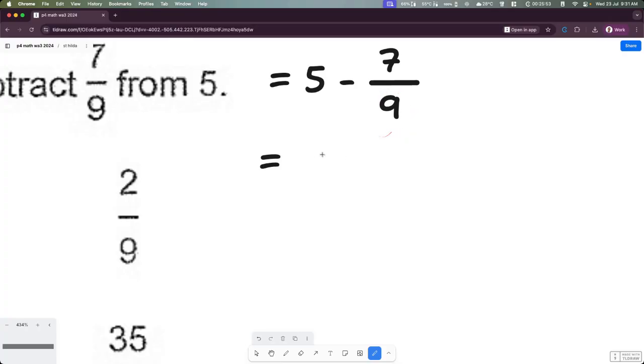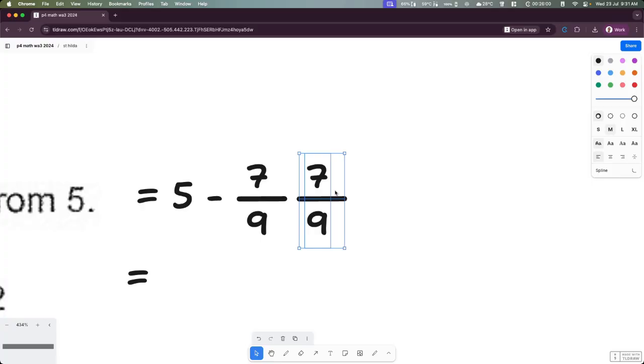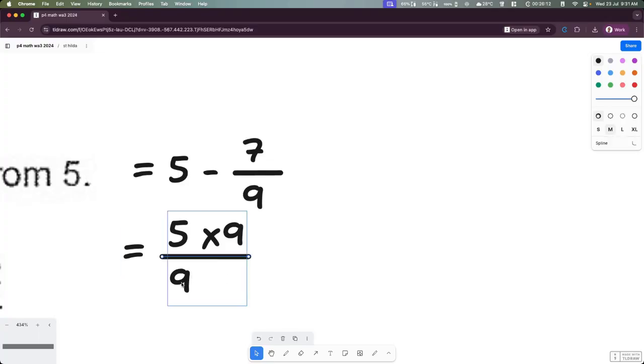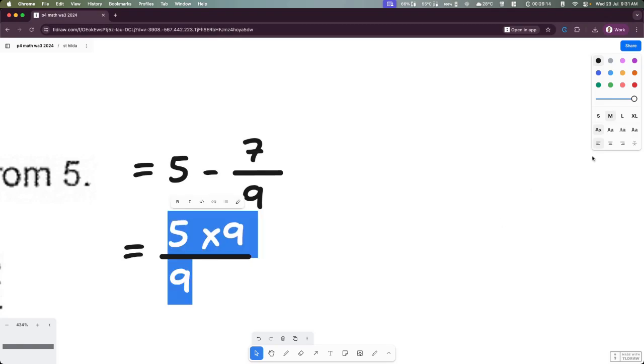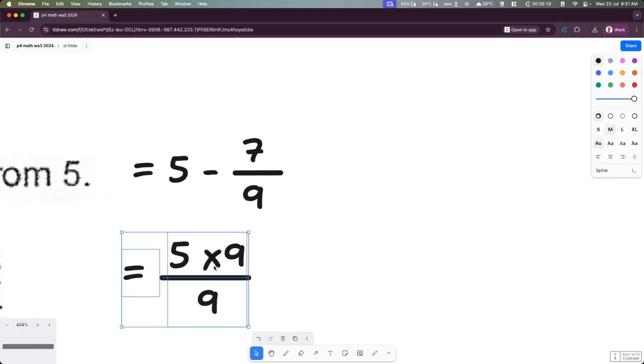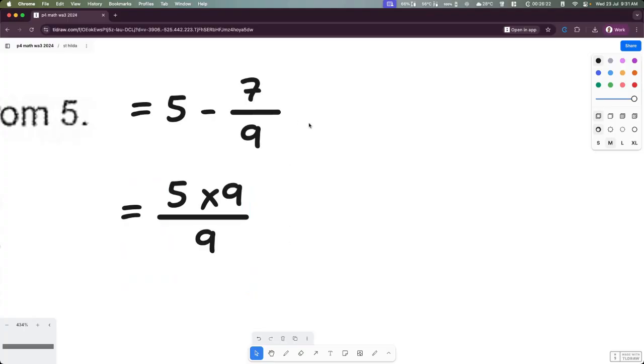So this is 5 times 9 over 9. This is what the whole number 5 looks like. So 5 times 9 over 9, and then we have minus 7 over 9.